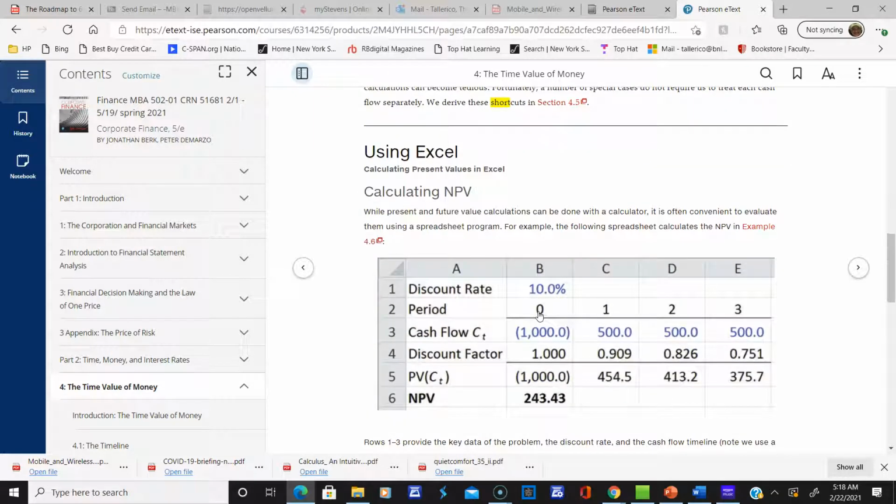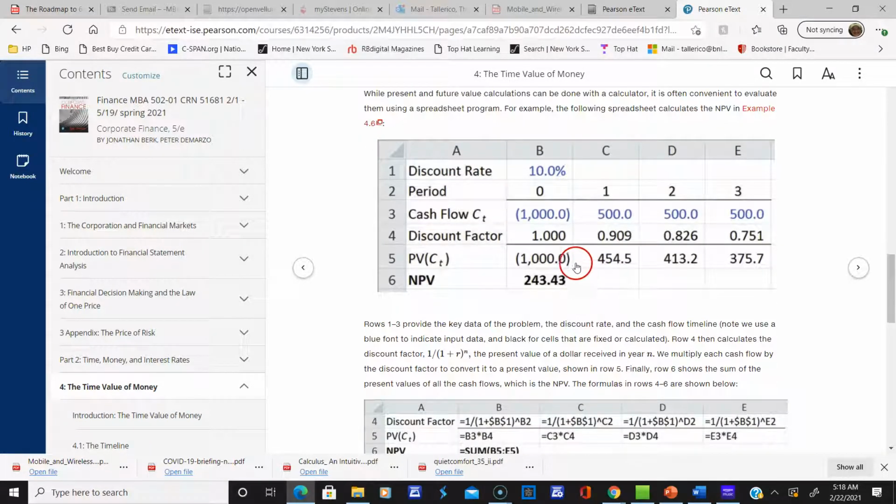All right, now here it is in Excel. It's best to use it in Excel. And here are the cash flows, and here's the initial value, right? Here's the initial value. All right, so the net present value is basically at 10%.